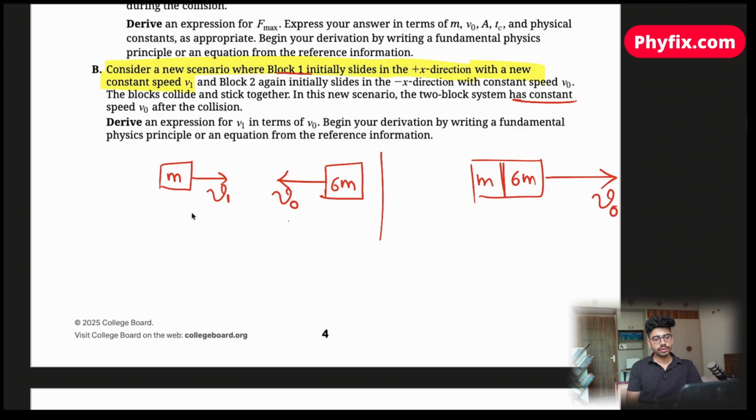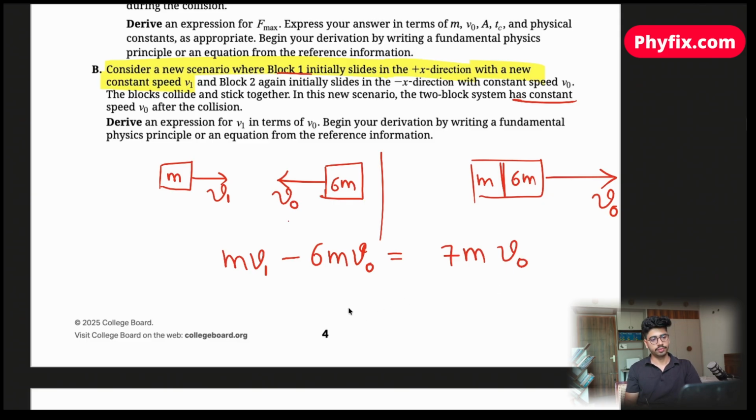So now they are asking to derive the expression for v1 in terms of v naught. The fundamental principle we are going to apply is conservation of momentum. So this is mass times velocity 1, plus this is minus 6m v naught, is equal to 7m v naught, which I'm going to apply in this direction.